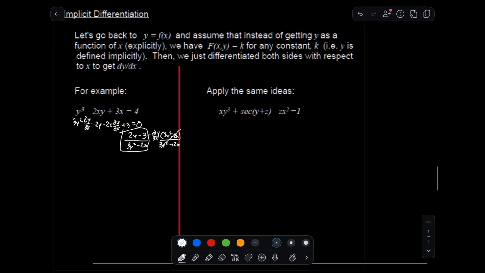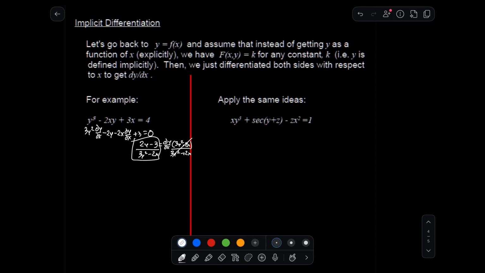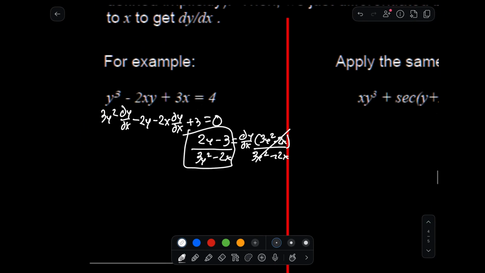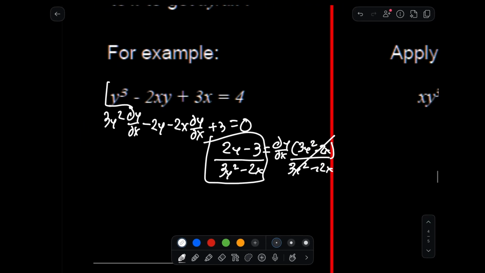We can apply the same idea to this right here, and we're just going to solve for del z del x. We're going to treat anything that's not x as a function, with del z del x attached, just like we did right here when we had something like y cubed and took the derivative with respect to x.